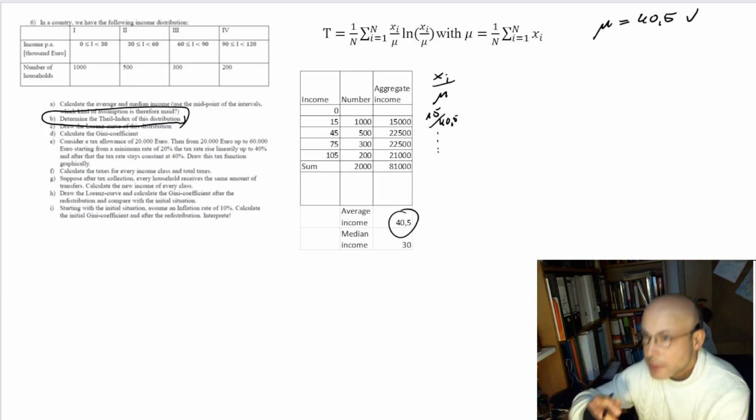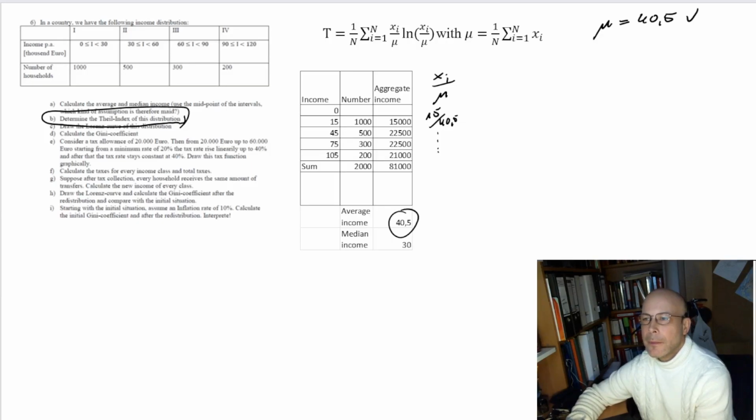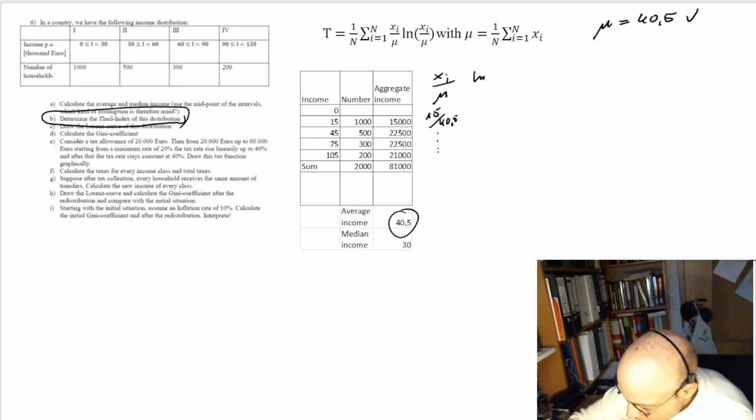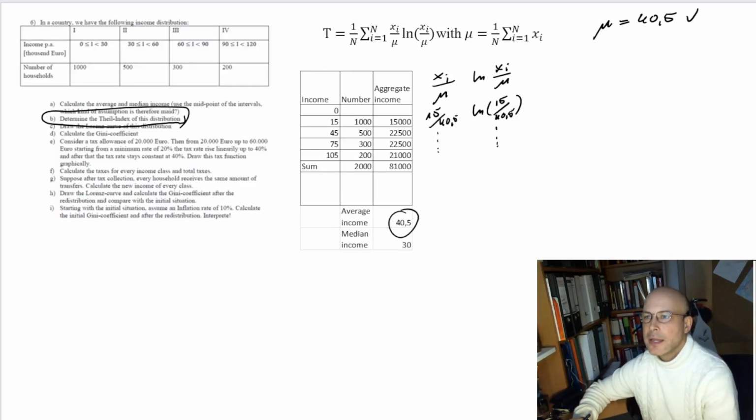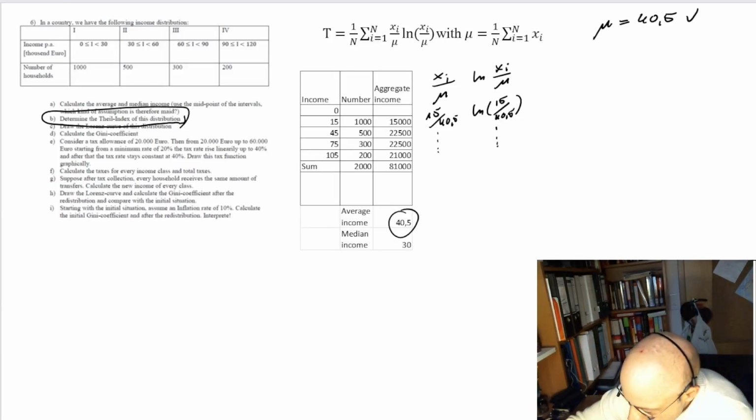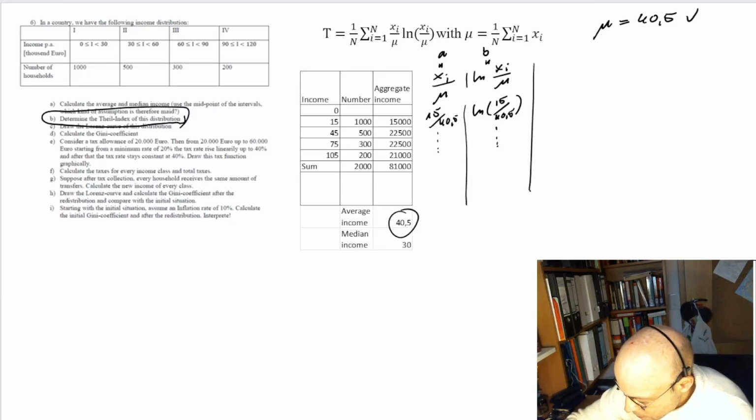I think everybody knows this, what we have to do. Then I will do it in a minute in Excel. Then xi over mu. So we take here ln of 15 over 40.5, and then I can say this is A and this is B.